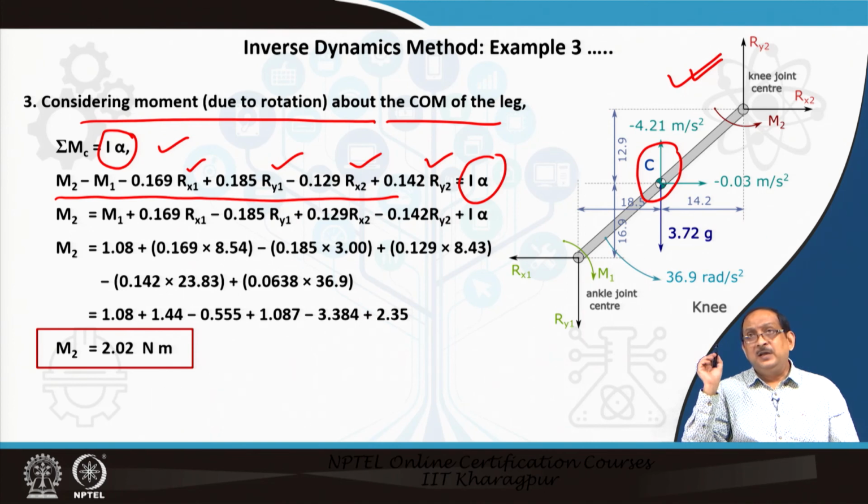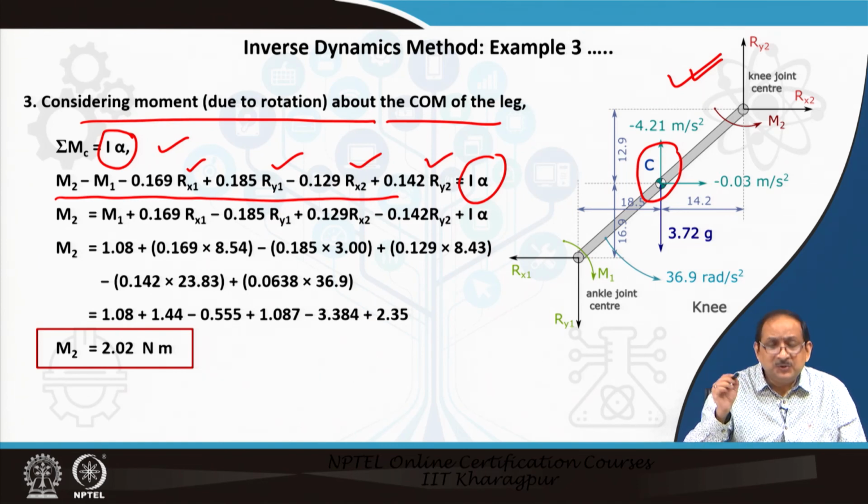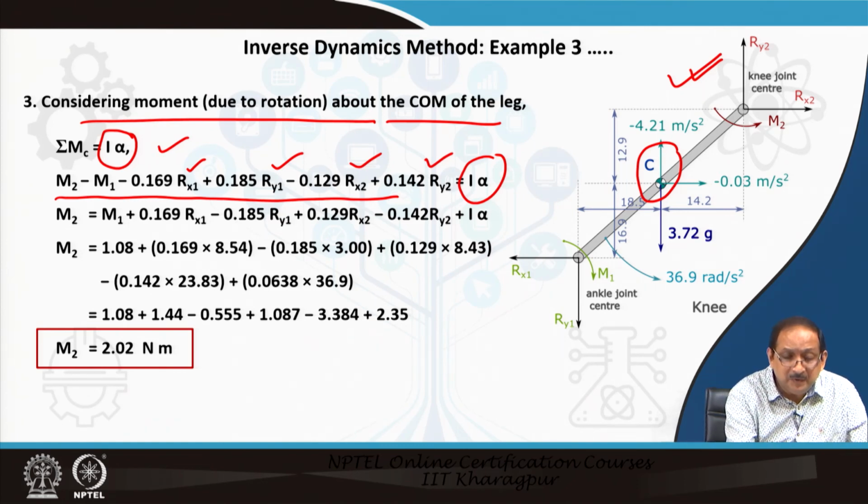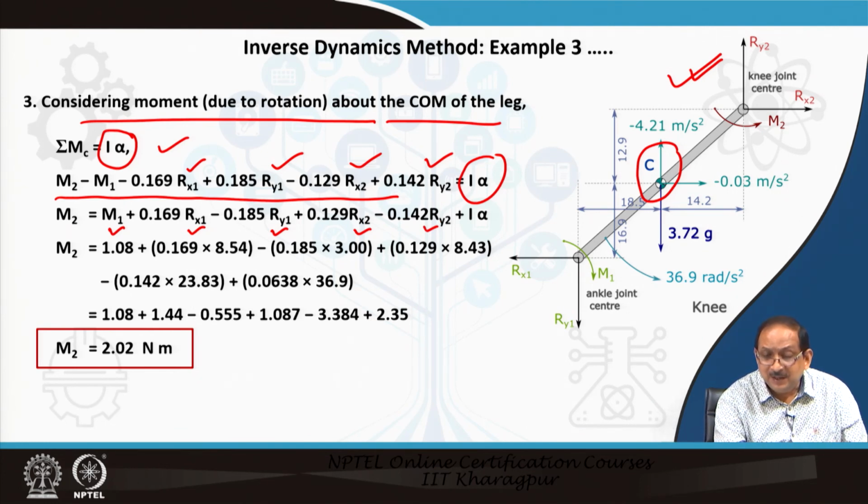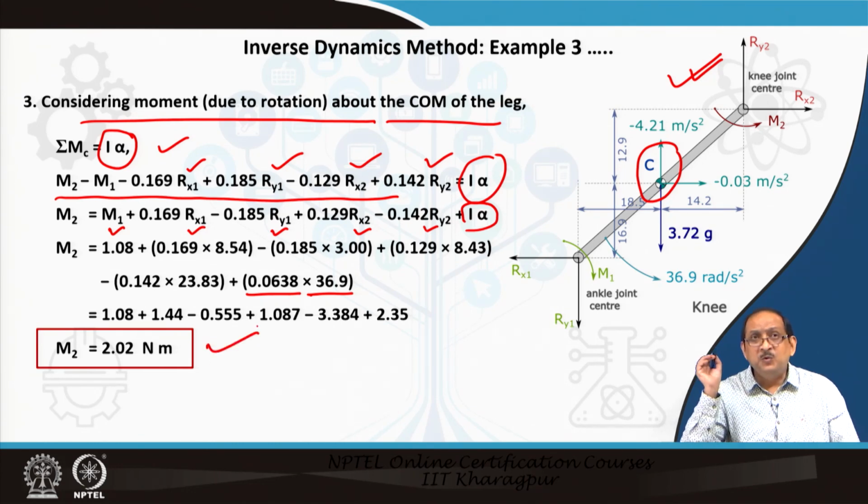the lower limb segment. Now, substituting the values of the M1, Rx1, Ry1, Rx2 and Ry2 in the equation, as well as the I alpha given by 0.0638 as I and alpha already given as 36.9, we can find out M2 as 2.02 Newton meter.